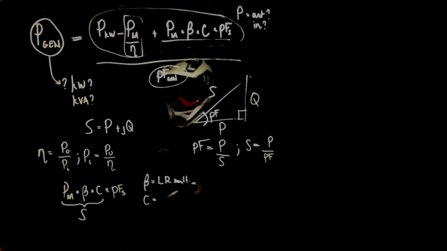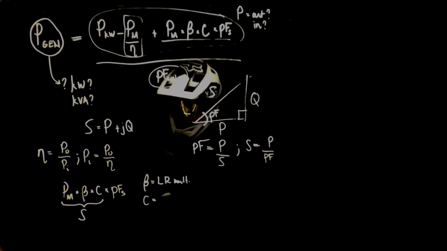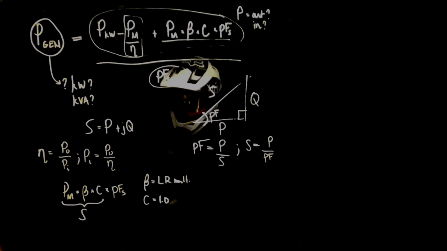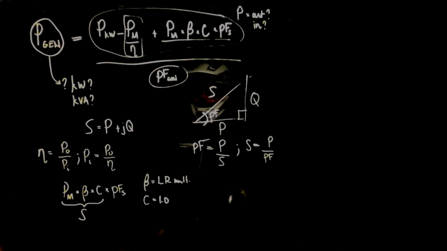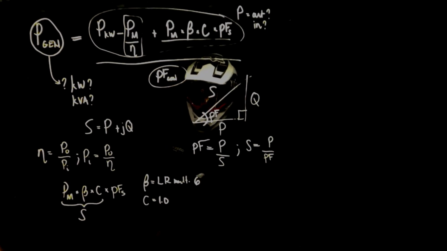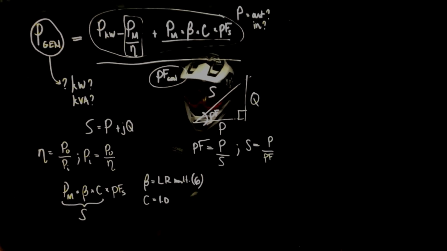But for the meantime, we're going to use direct online, which has a factor of 100%, so that will be times 1. Then our beta is the locked rotor multiplying factor. In this exercise, we're going to use 6 in our example.